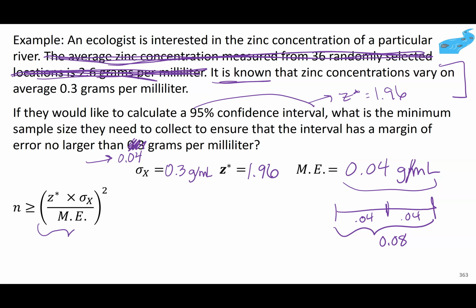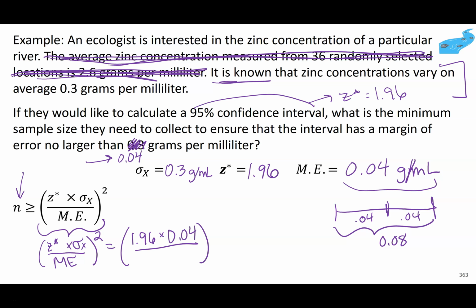So I'm going to start off here because n is the thing I don't know. So z star times sigma over the margin of error, and I'm going to square it. That's equal to, just plugging in the numbers, 1.96 times 0.3, over 0.04.